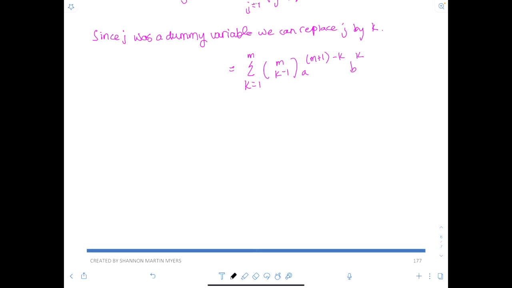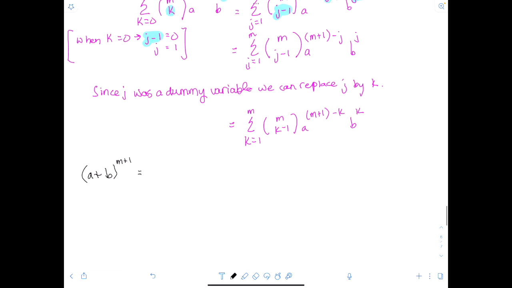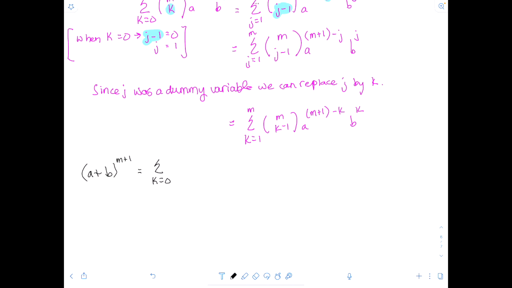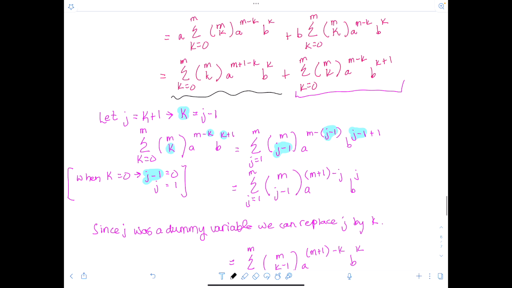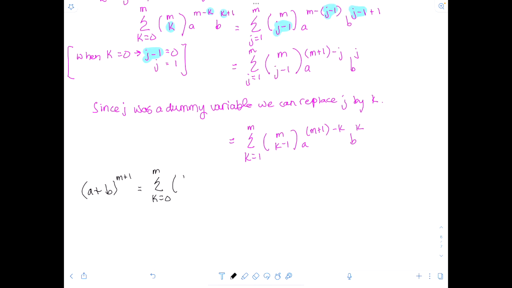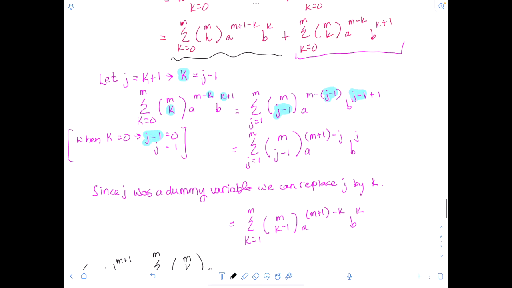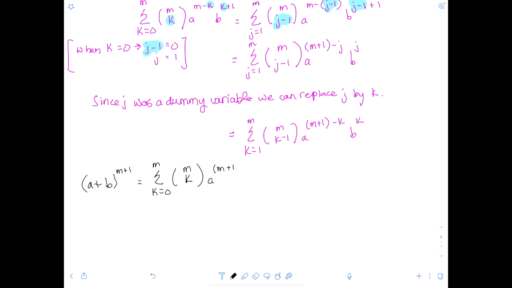So a plus b raised to the m plus 1 is equal to, so we had that summation on the left, summation from k is 0 to m, and that one was m choose k, a to the quantity m plus 1 minus k, b to the k, plus this new summation, which starts at k is 1 and goes to m.